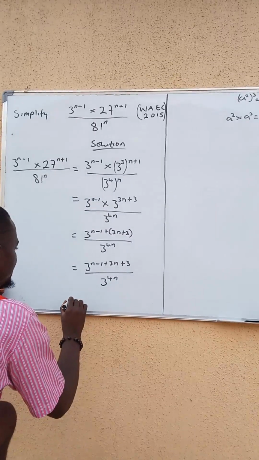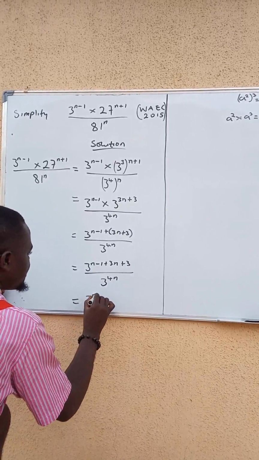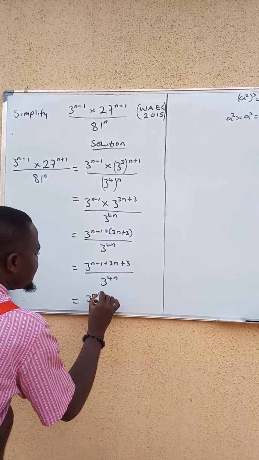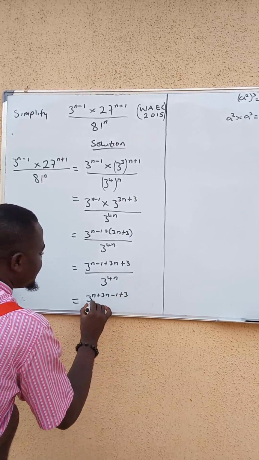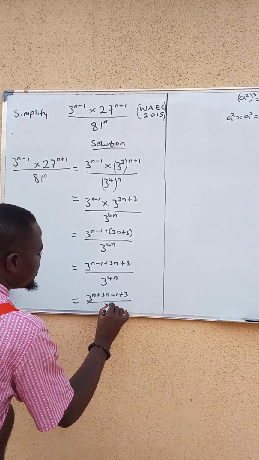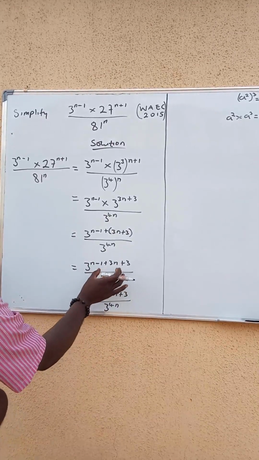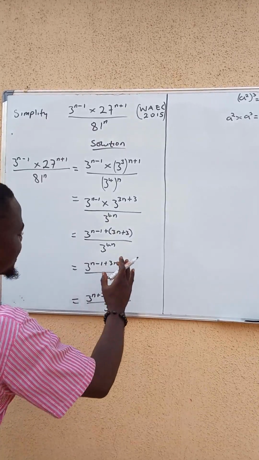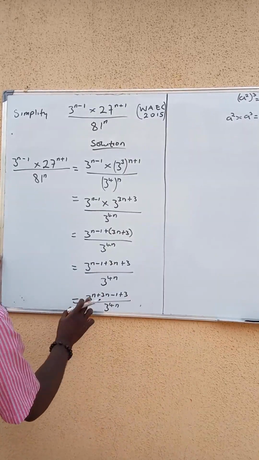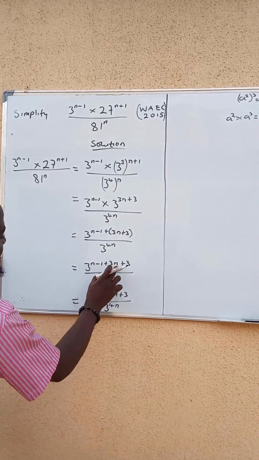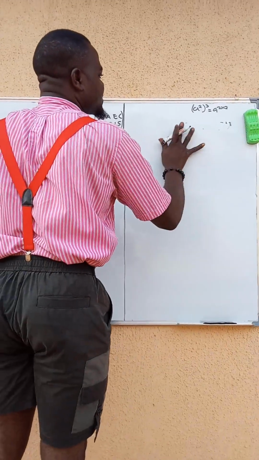So this will now give me what? 3 raised to the power of n plus 3n minus 1 plus 3 over 3 raised to the power of 4n. I collected like terms. N comes to one place and number goes to one place. N plus 3n, minus 1 plus 3.